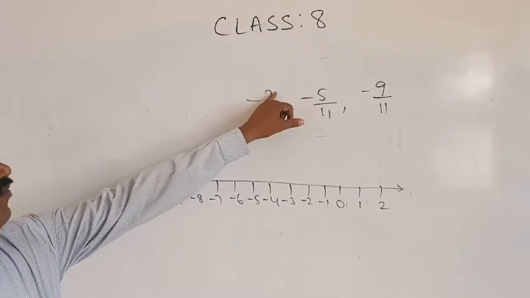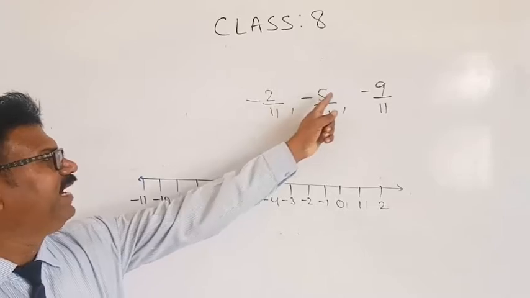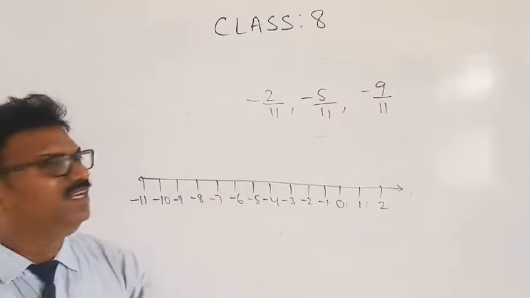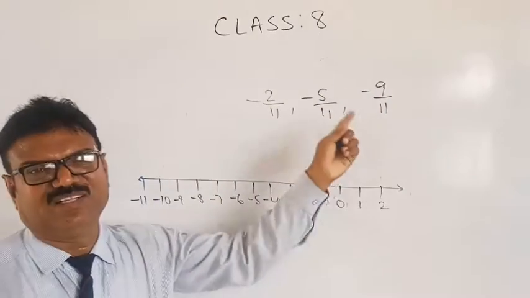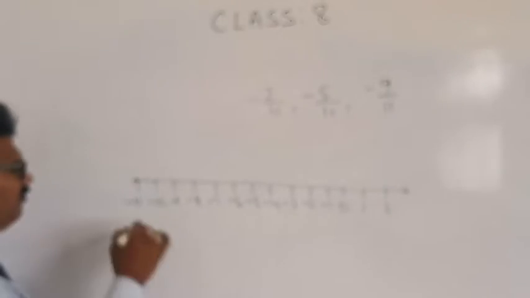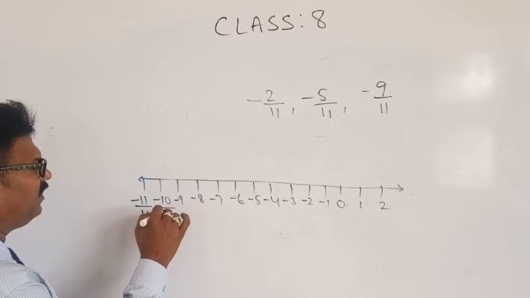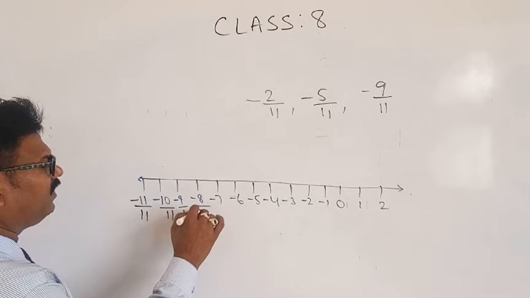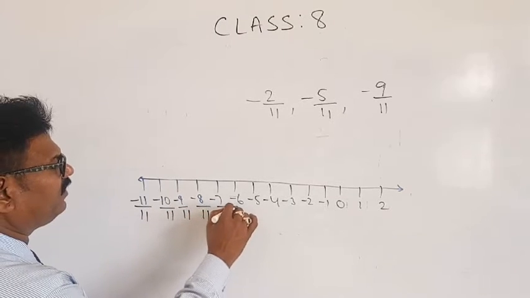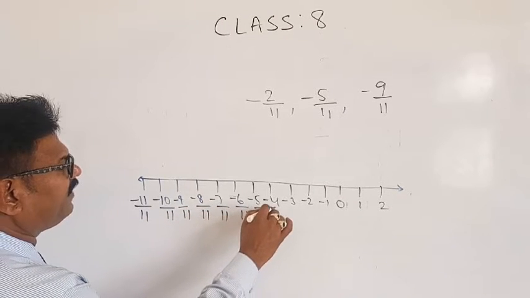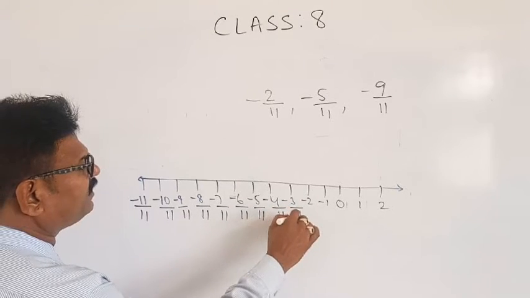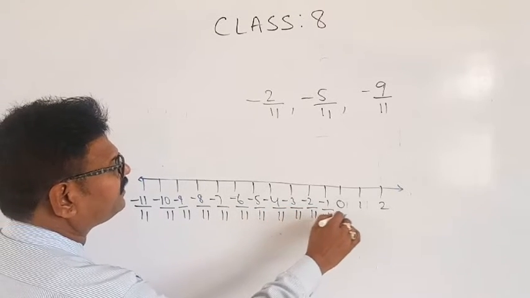Yes, here we have minus 2, minus 5 and minus 9. But what is not there? 11 is not there. Just divide with 11: 11, 11, 11, 11, 11, 11.